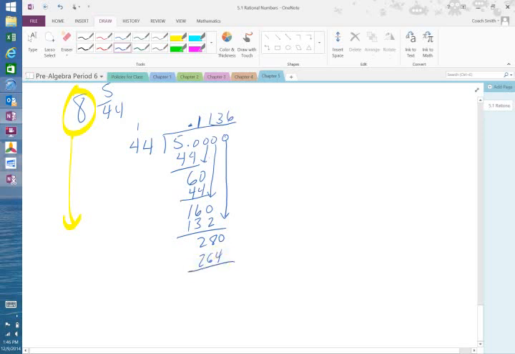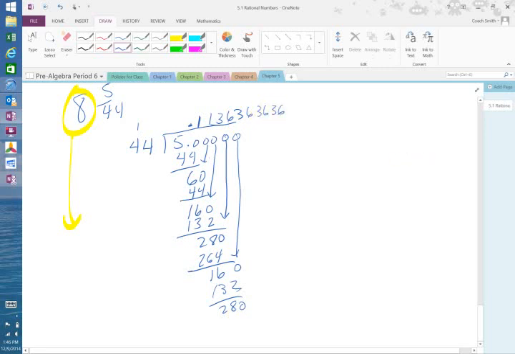This is an ongoing one. Now, bring down a 0. So 160, and it goes 3 times. So that would be 132, remainder 28. So there it starts repeating.